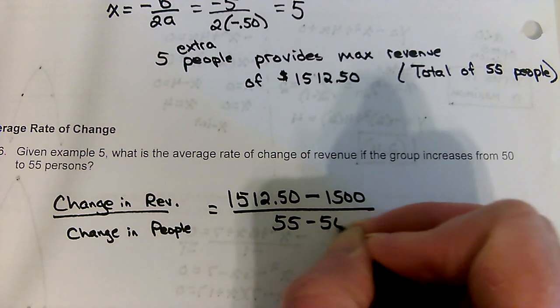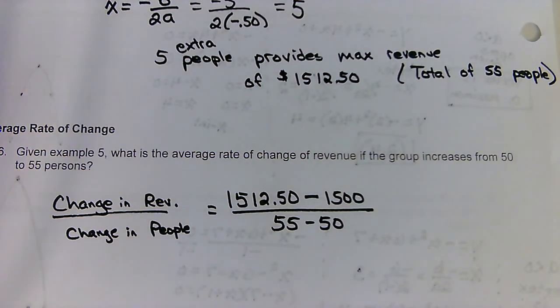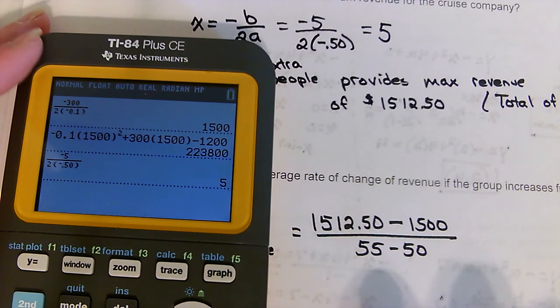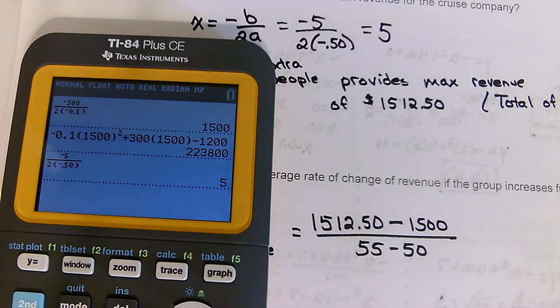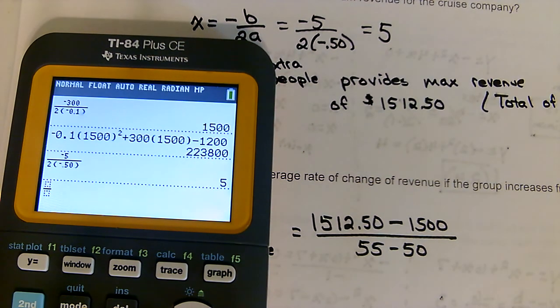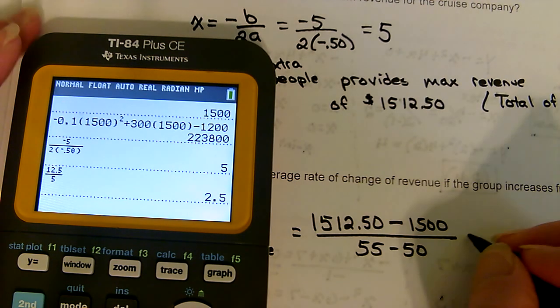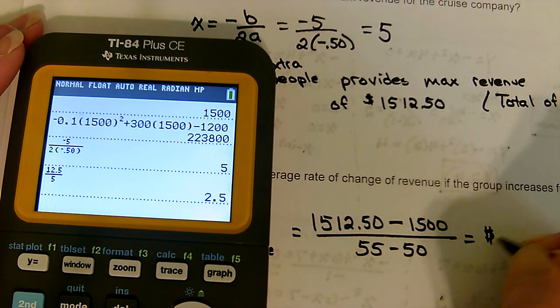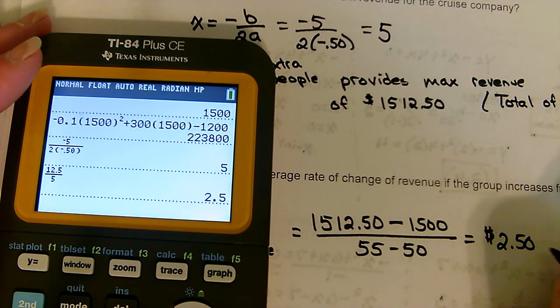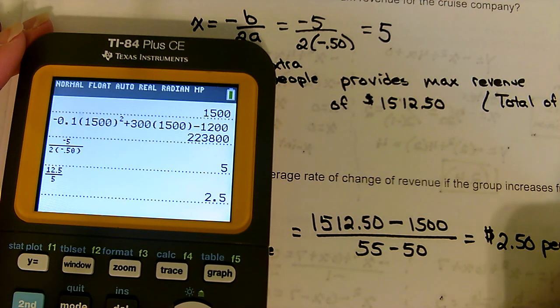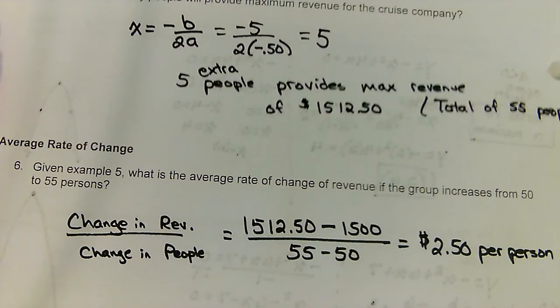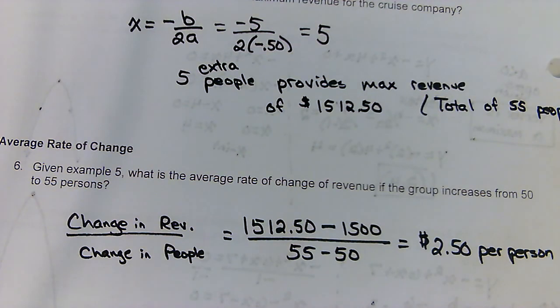And that's over 55 minus 50 people. So that's really going to be 12.50 divided by 5, which is $2.50 per person, the average rate of change.